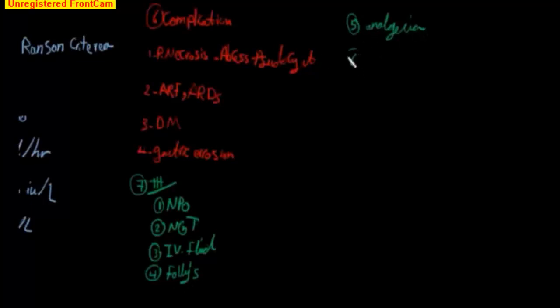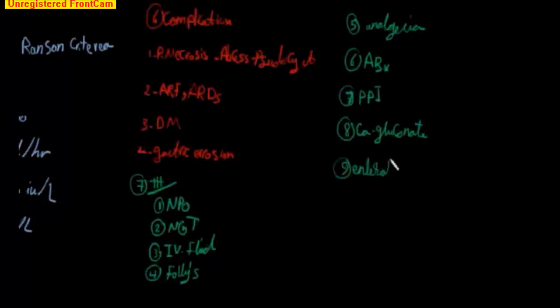Try to cover your patient with antibiotics such as metronidazole, cefuroxime, and a proton pump inhibitor just to prevent gastric erosion. Calcium gluconate because the patient is hypocalcemic. Start enteral feeding. ERCP if there are bile duct stones. Last thing is surgery.